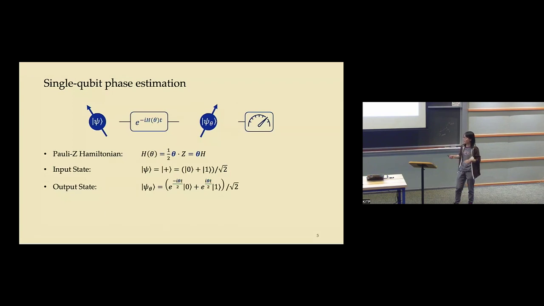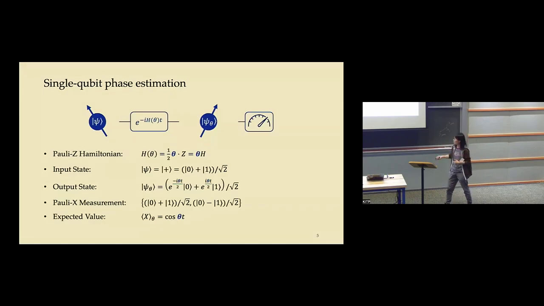Afterwards, you do a Pauli X measurement, projecting the state onto the plus state and minus state. You will see that the expectation value of X in this situation is cosine theta t, which is a function of theta, the unknown parameter you try to estimate.